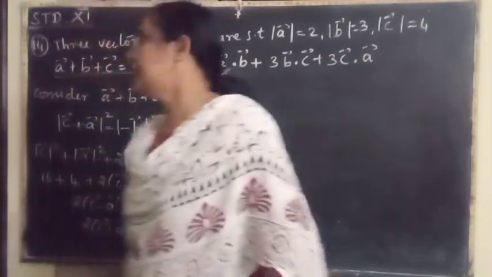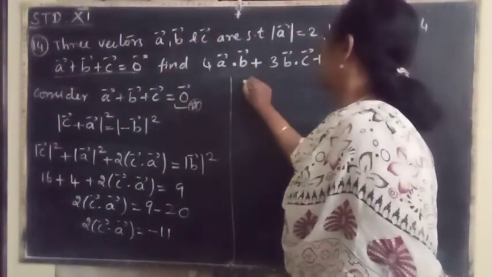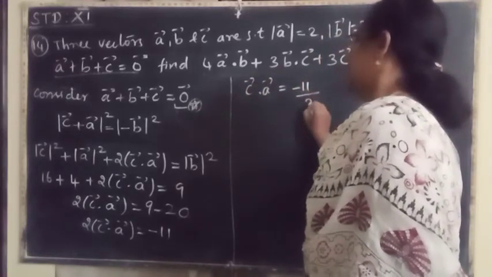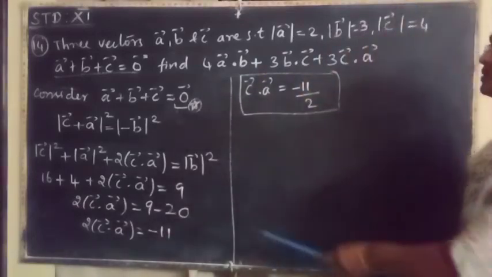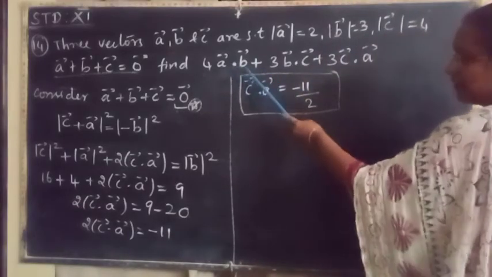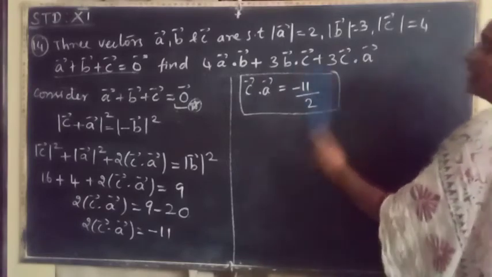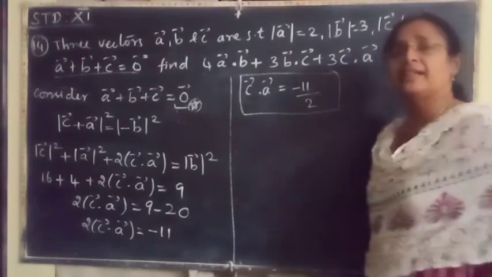Isn't it? Yes or no? Okay. So now look into this. So c vector dot a vector is equal to minus 11 divided by 2. So now these are the values I have got for a vector dot b vector, b vector dot c vector and c vector dot a vector. Now I am going to substitute everything here finally and find the final answer.